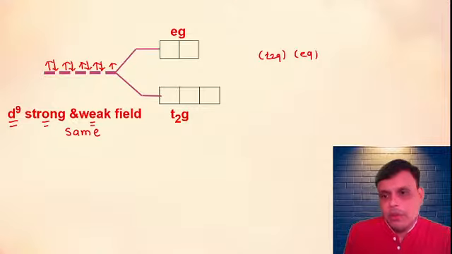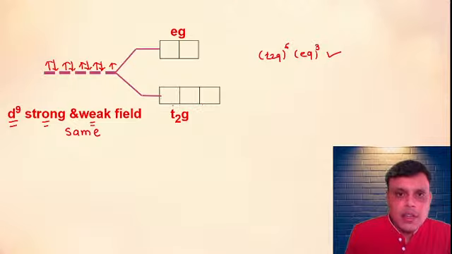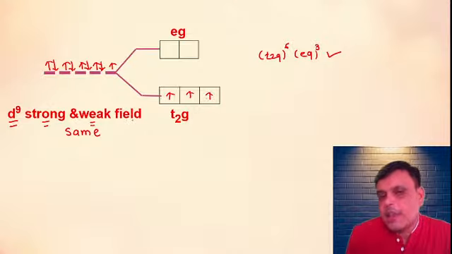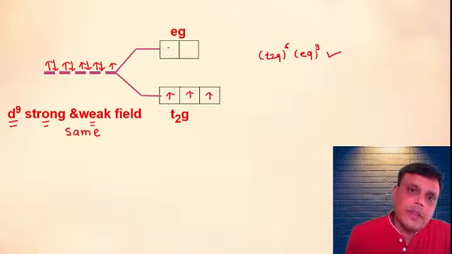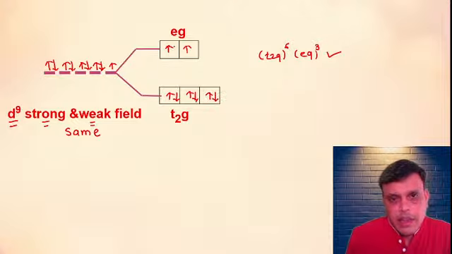T2G6, correct, very good Vishwajit. T2G6 and EG3. This is the electronic configuration. Now let us see how the electronic configuration comes according to the rule. First the electrons will go into the T2G orbital, then we fill the fourth electron in EG, then sixth, 7, 8 and 9.